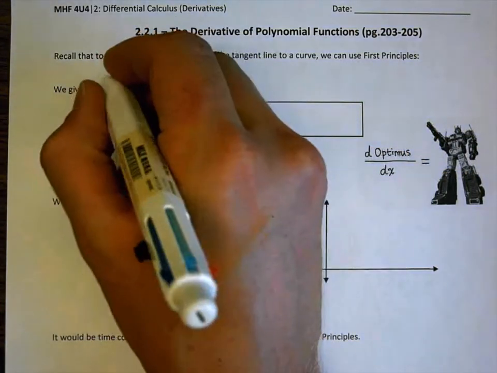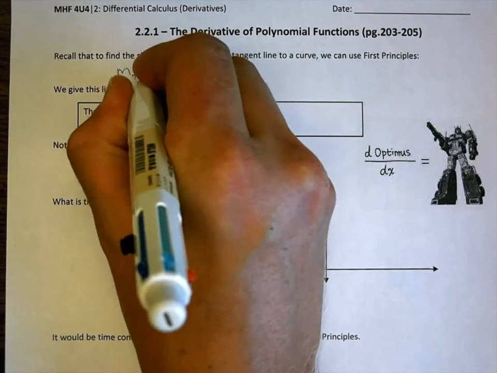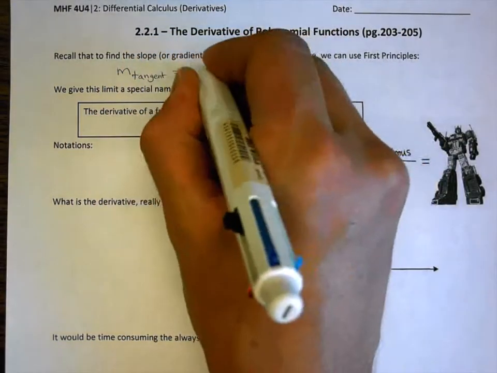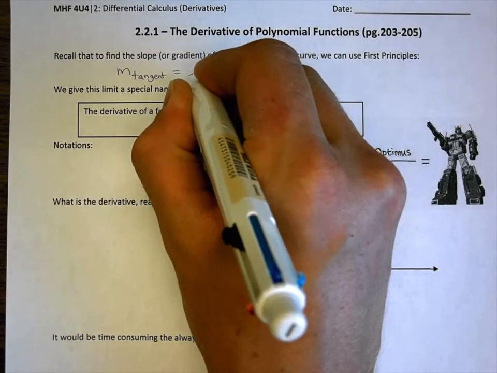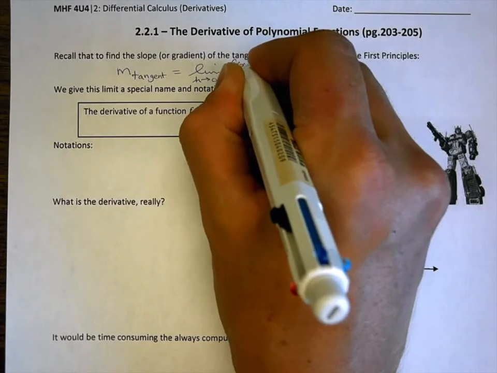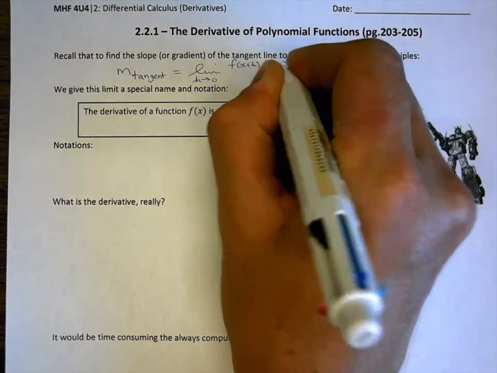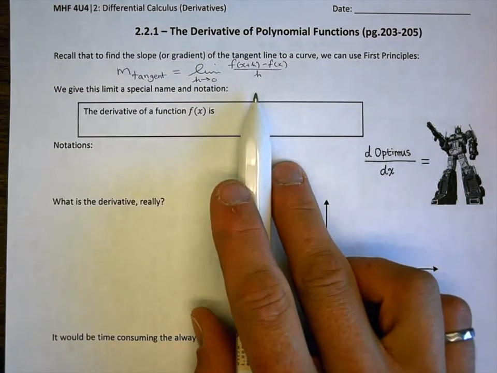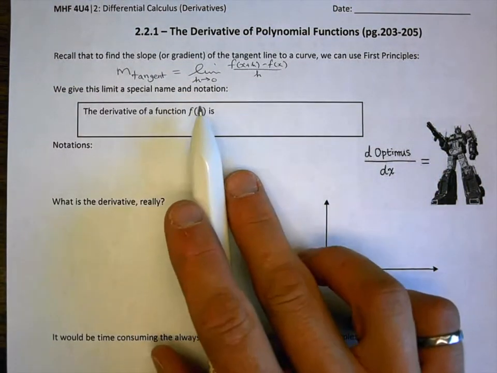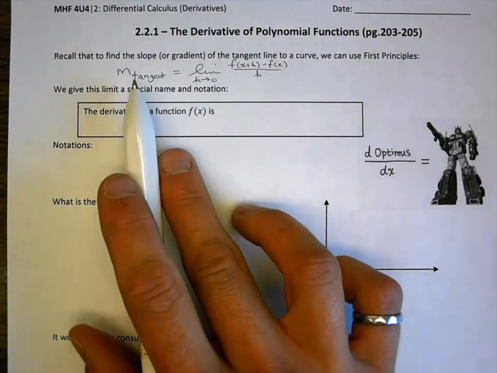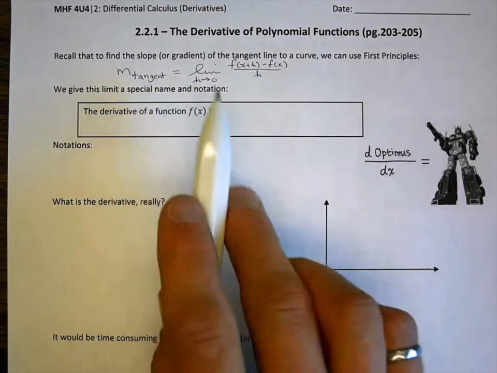When we finished our last subchapter, we had an equation. The slope of the tangent line is equal to the limit as h approaches 0 of f at x plus h minus f at x, over h. This was called first principles. From now on, we're no longer going to call this first principles m tangent. We're going to call it the derivative.